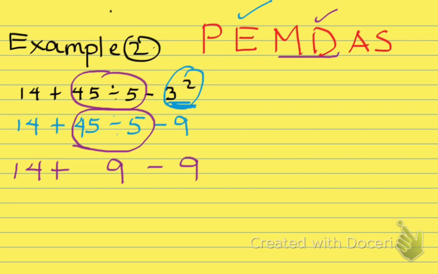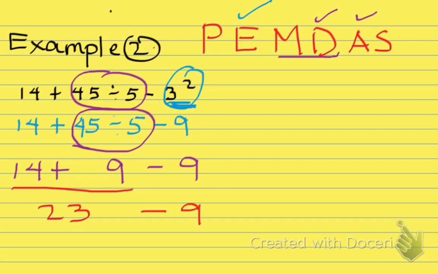So we're done with division. So let's move on to addition and subtraction. Here we have 14 plus 9 minus 9. So let's work out first 14 plus 9 equals 23.